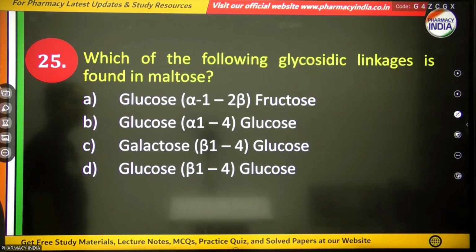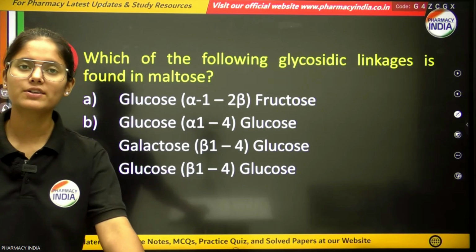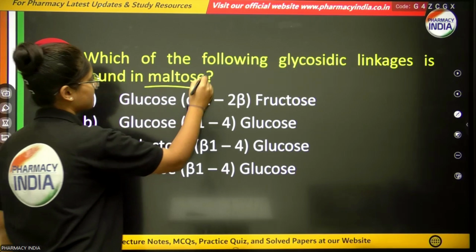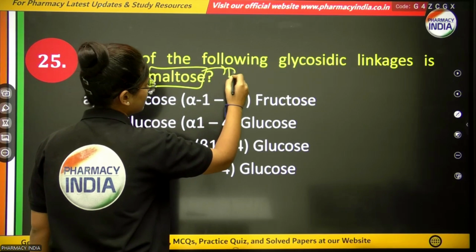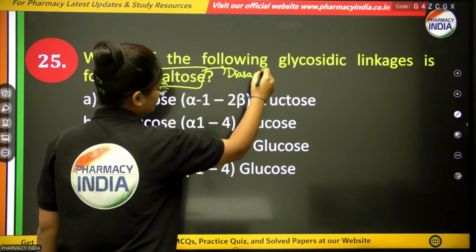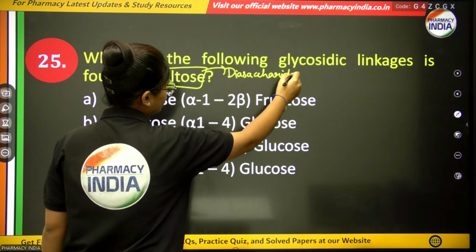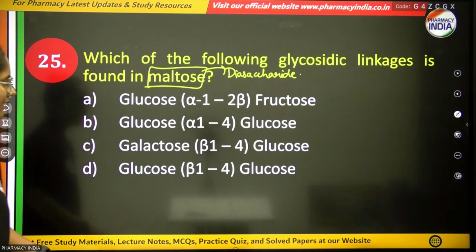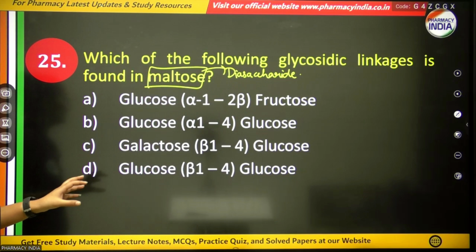Next and last question, which of the following glycosidic linkages is found in maltose? Now what is maltose? Maltose is a disaccharide. Clear? Glucose alpha 1 to beta fructose, glucose alpha 1 4 glucose, galactose beta 1 4 glucose, glucose beta 1 4 glucose.